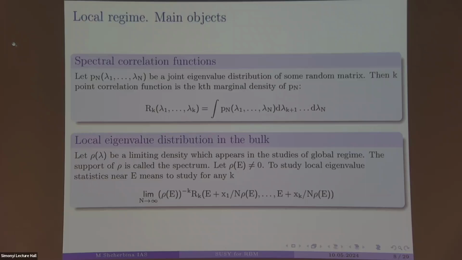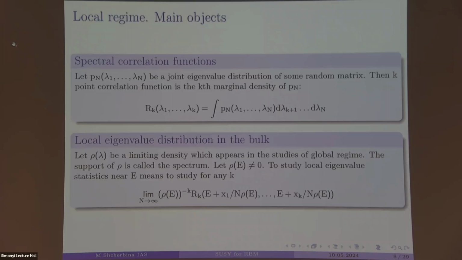And here the normalization n depends on the fact that you would like to study this correlation function when the distance between eigenvalues is proportional to the mean distance. Because, for example, to study gap probability, you need to have an interval for which the probability of being empty is not zero.